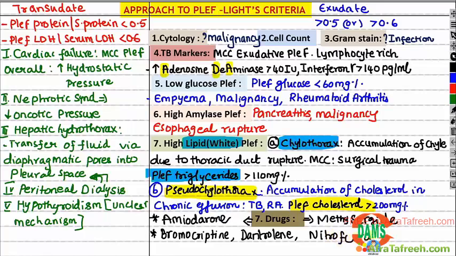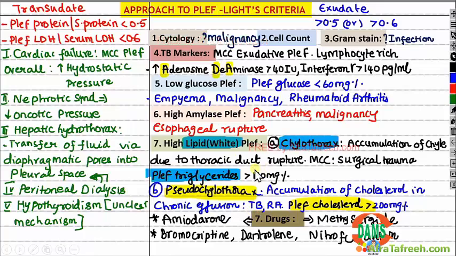So these are the various drugs responsible for pleural effusion: amiodarone, bromocriptine, dantrolene, methysergide, nitrofurantoin.